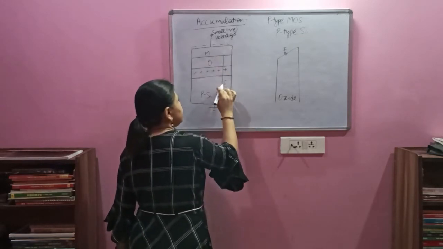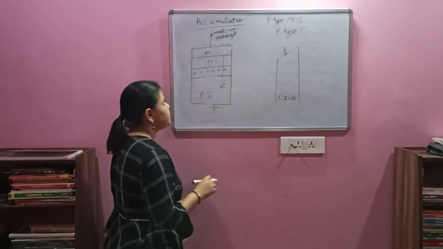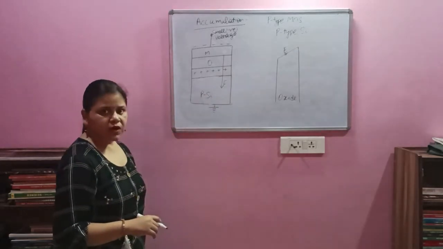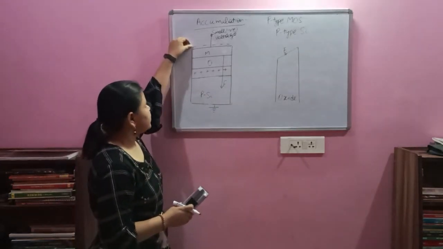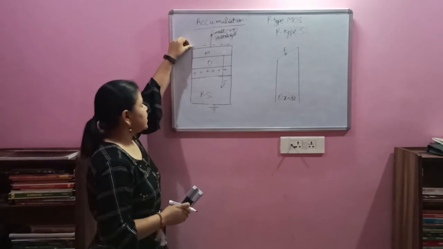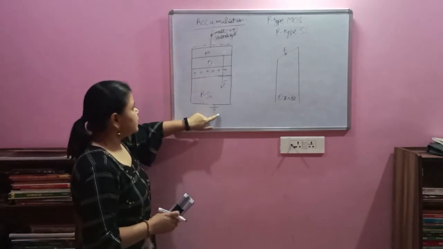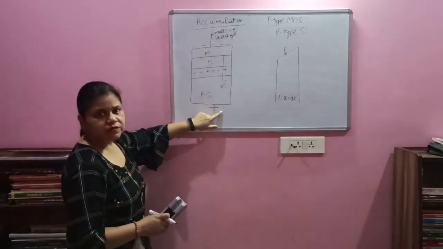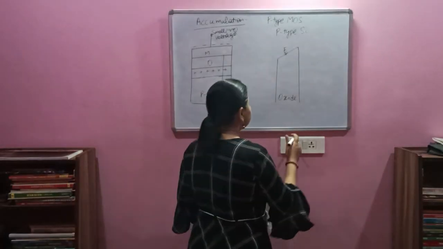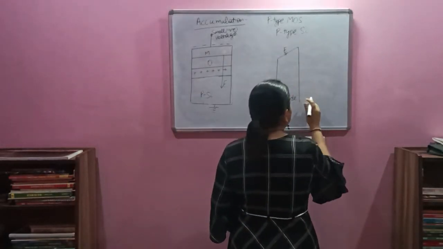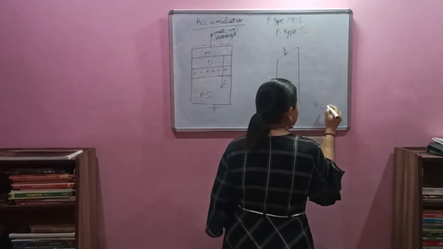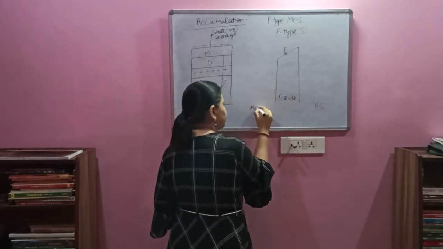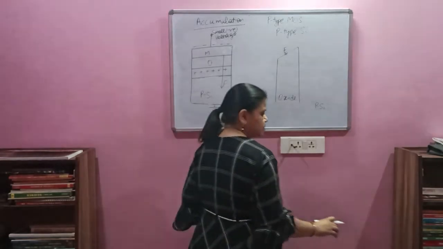I'm mistaken over here. The electric field direction will be from lower to higher, because there is a negative potential. This will be at the lower potential, and this will be at the higher potential, which is at 0. Now what will happen at the semiconductor? Here we will have a p-type silicon, and this side we will have a metal.